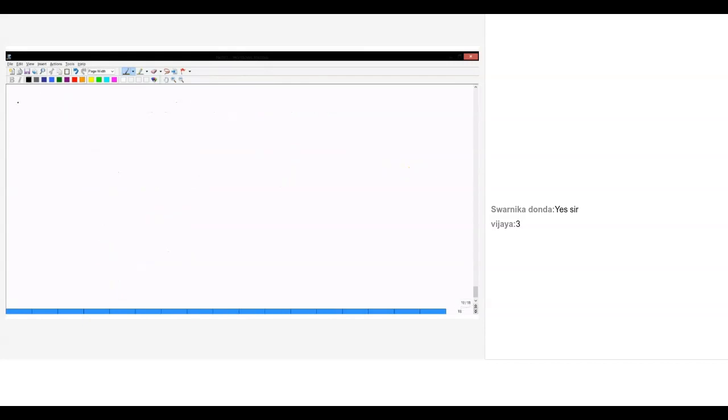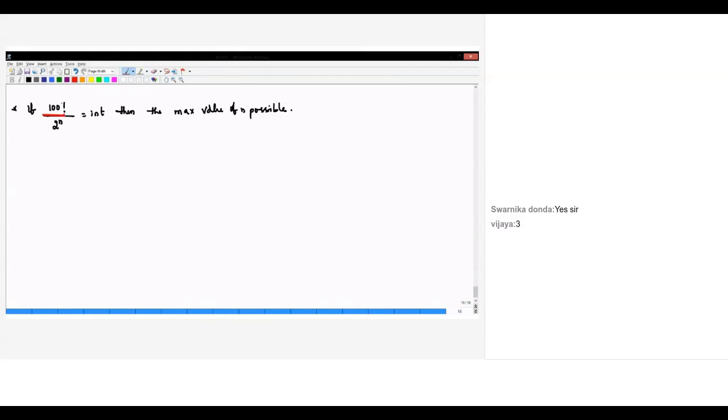If at all they ask you, they'll ask you like this: if 100 factorial by 2 power n is an integer, then the maximum value of n, which means how many 2s are there in 100 factorial.